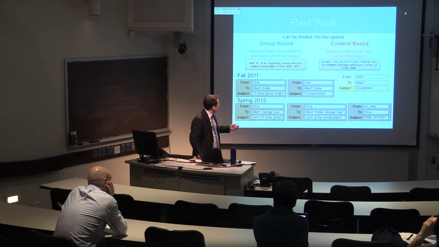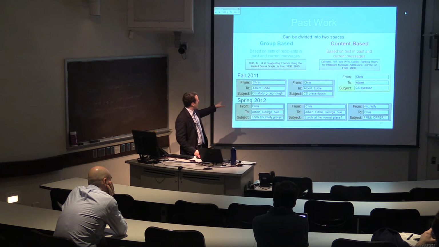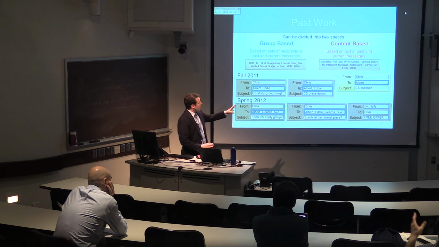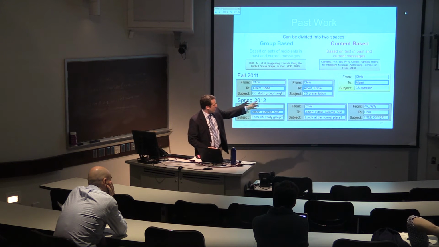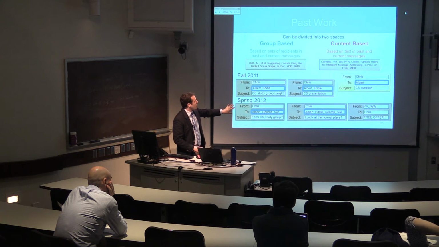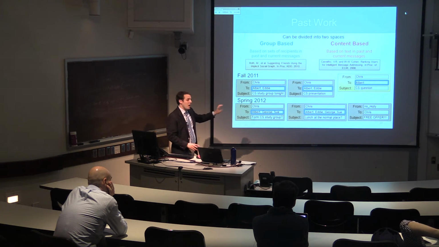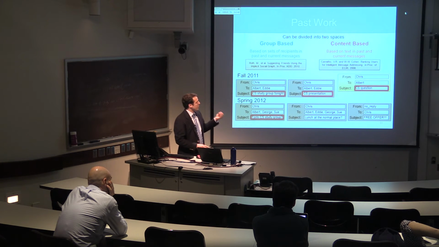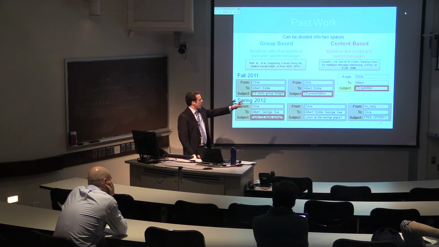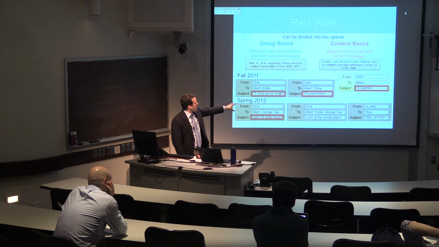For these recommendations, we can look to some messages from fall 2011 and spring 2012. Group-based, we'll look at the group Chris has already addressed, which is the individual Albert, and we'll look for similar groups in past messages, i.e. those that contain Albert. Content-based, we'll look at the text or words that are in the current message and look for similar text or words in past messages. So for example, we may look for messages that contain the words CS or question.